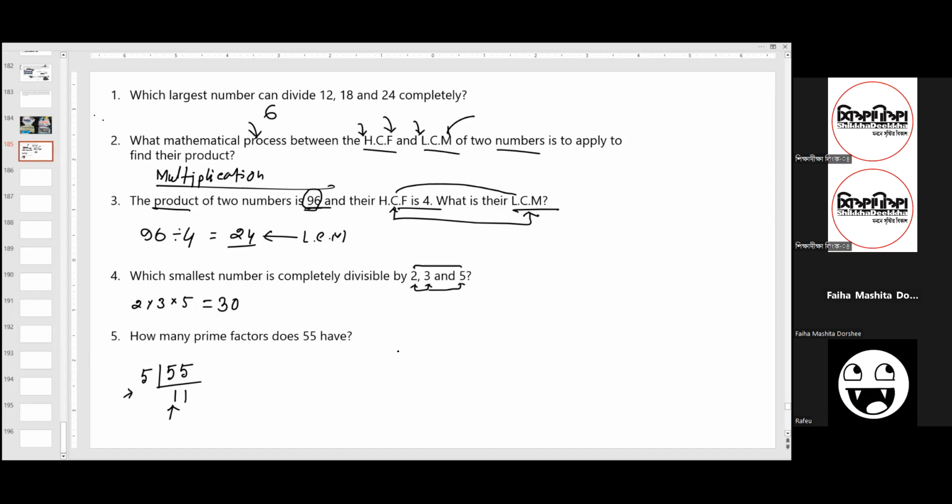Like if you want to find the prime factors of 30, you can go for the same process. Let me show you. 30 কে 2 দিয়ে ডিভাইড করলে হচ্ছে 15, 3 দিয়ে ডিভাইড করলে 5. Always you have to use prime numbers here, and at the end of the day you are going to get a prime number for sure, right? This is also going to be a prime number. There is no doubt that this number will be a prime number.